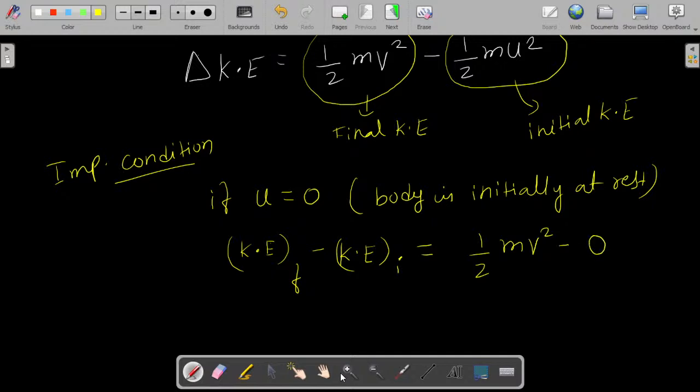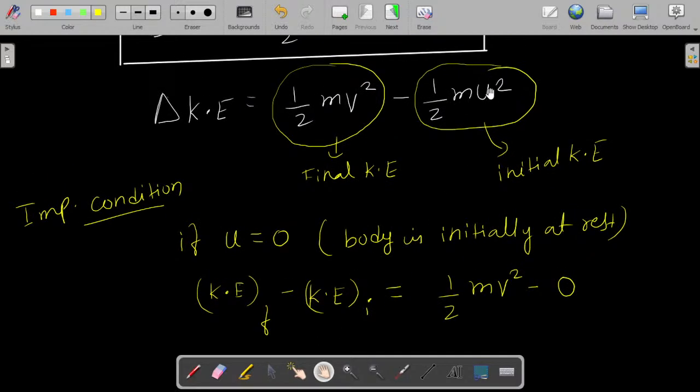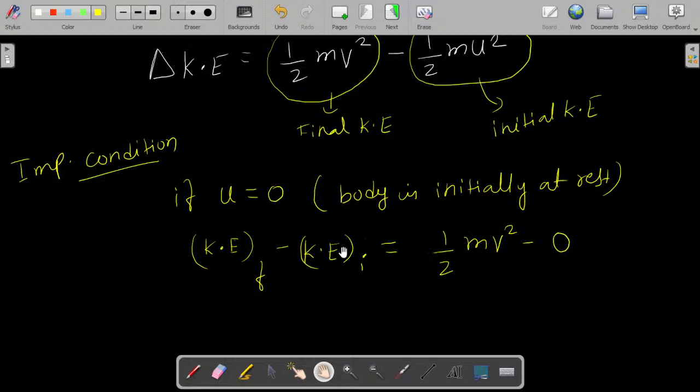So anything multiplied by 0 is what? If you put 0 here, 0 square is 0, and anything multiplied by 0 becomes 0. So all together you will get 0 here, and here also initial is 0. So finally kinetic energy is what you are getting? It's half m v square. Make a note.